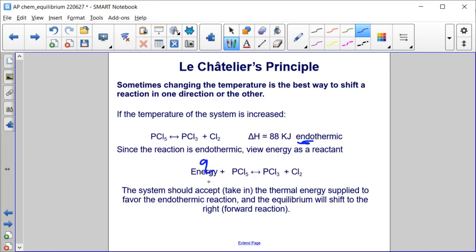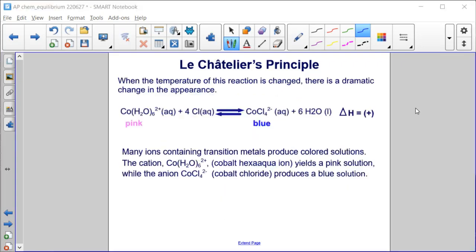The system should accept or take in the thermal energy supplied to favor the endothermic reaction, and the equilibrium will shift to the right toward the forward reaction. So if we increase the temperature, if we add energy here in the form of heat, then the equilibrium will shift toward the right or in the forward direction toward the production of those products.